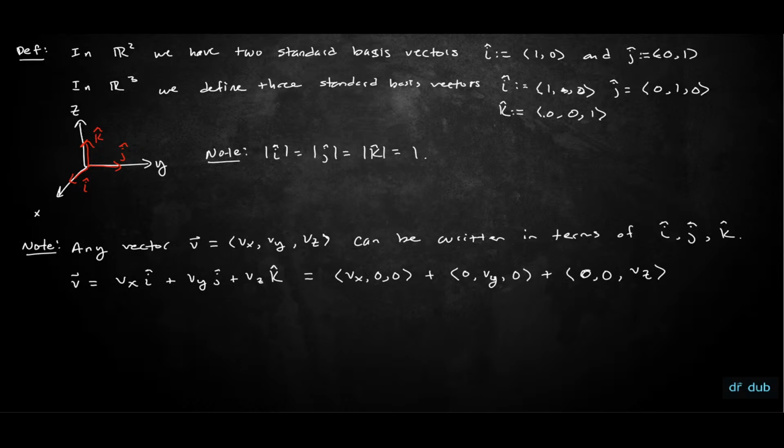And then adding those together, we get vx, vy, vz. So any vector can be written in terms of these standard basis vectors. Of course, the same is true in 2 dimensions. So basically just take the components x, y, and z and multiply them by i, j, or k, depending on which component you're looking at.